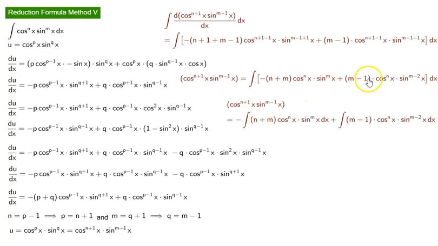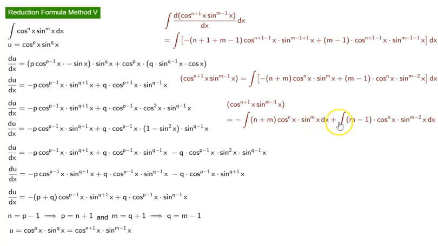Now we split this into two integrals and take the minus out of the first: minus the integral of (n plus m) times cos nx times sin mx dx, plus the integral of (m minus 1) times cos to the power of n x times sin to the power of m minus 2 x dx.